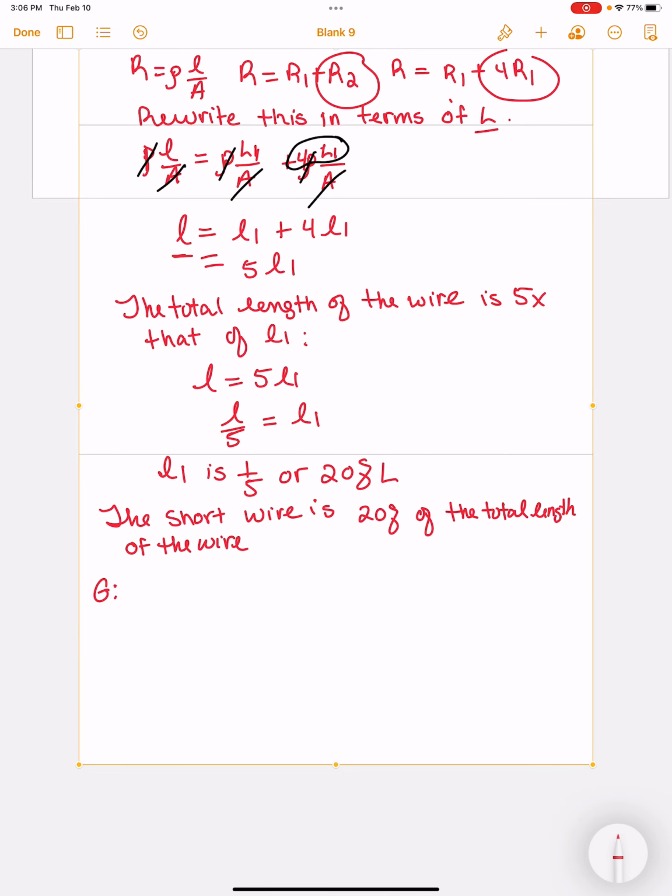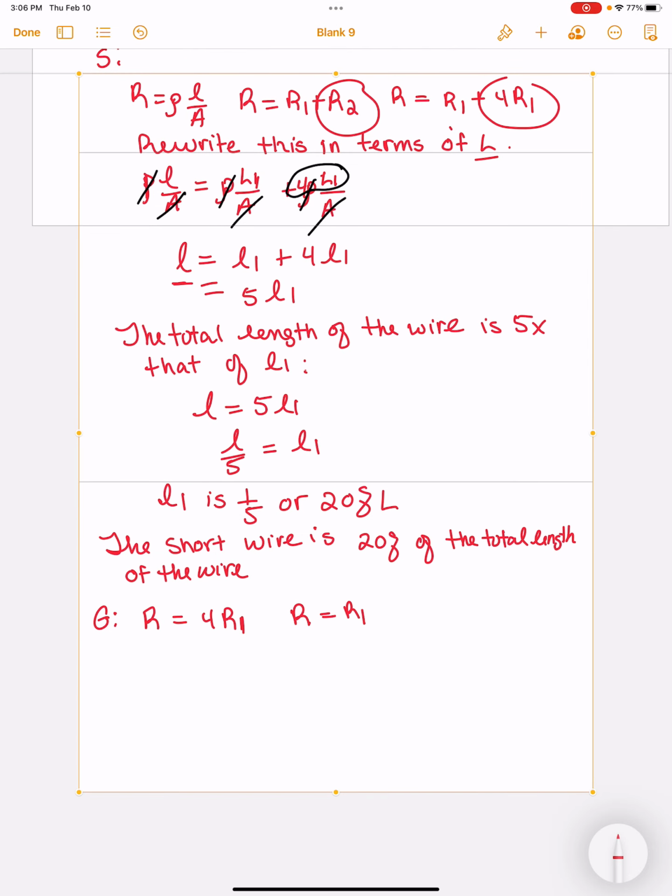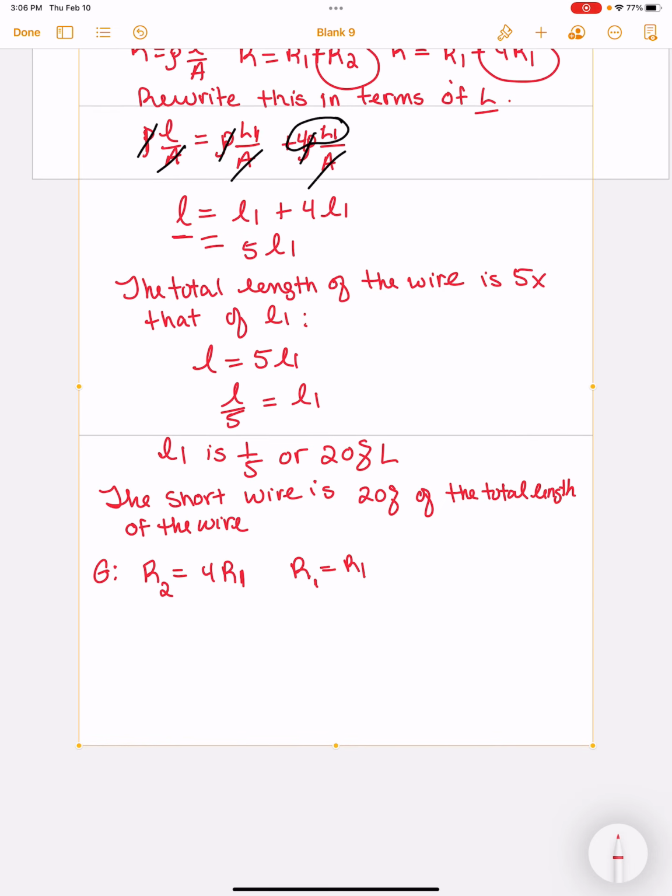So we could write down that resistance 2 equals 4R1. This is for the second portion. And then resistance for the first portion equals R1. So this is for this, and this is this. Okay. And then let's do what our unknowns are.